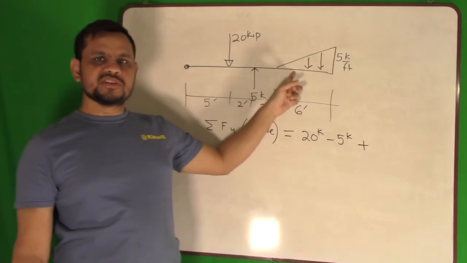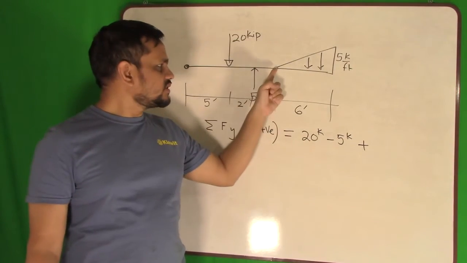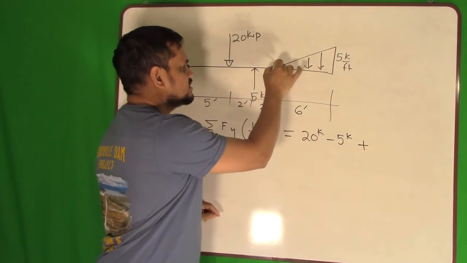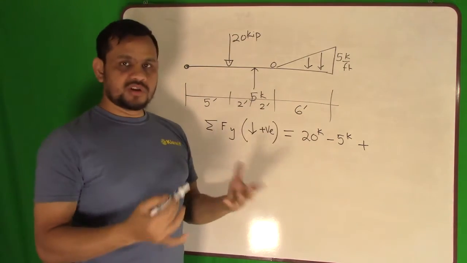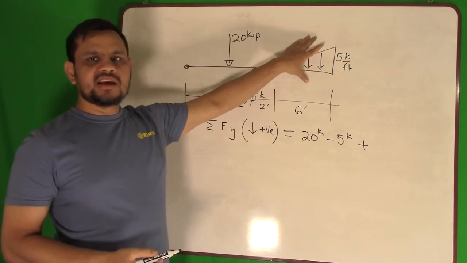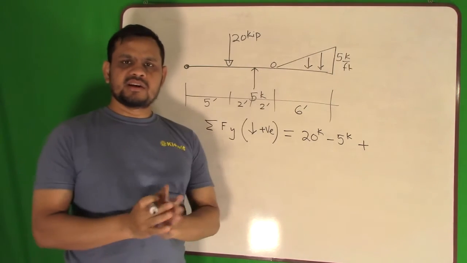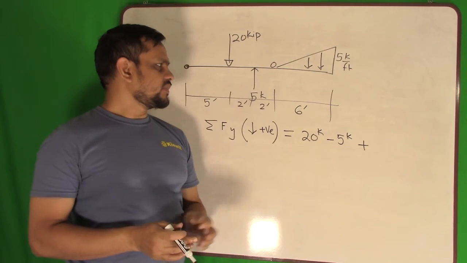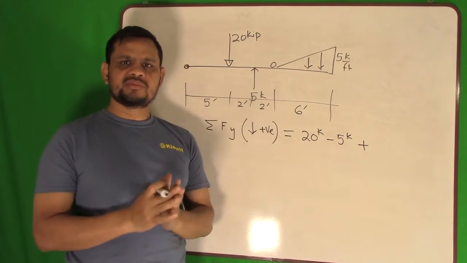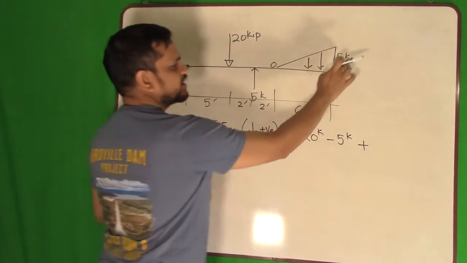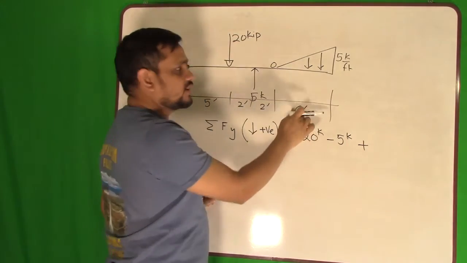Now what is the value of this force? It is a triangular force. The value here is 0, the value here is 5. Now what is the total force? It's simply the area of the triangle. If we convert the triangular force into a single force, it is the area. Because this is kip per feet and this is feet.